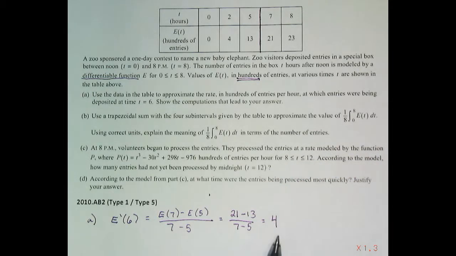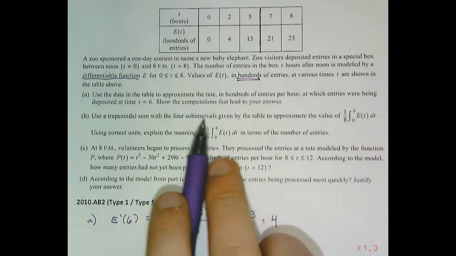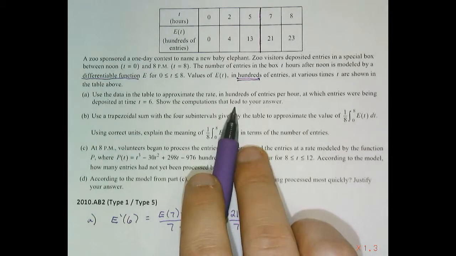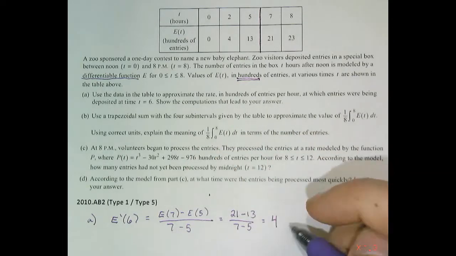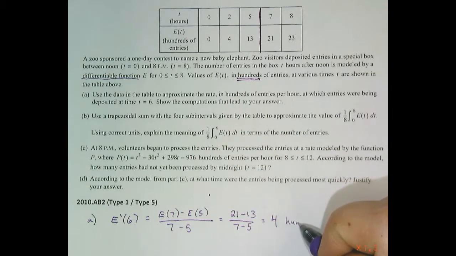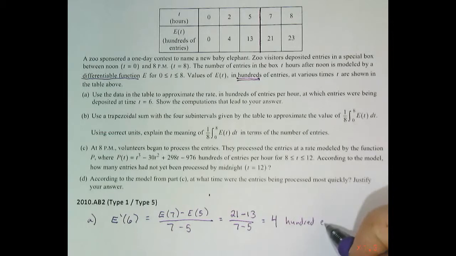And then 4, this is in hundreds of entries per hour, so 400 entries per hour. So around time 6 p.m., the number of entries being put into the box are 400 per hour, approximately.